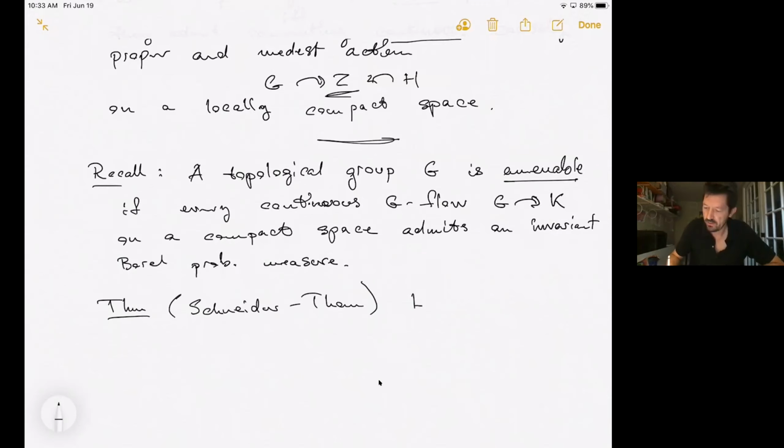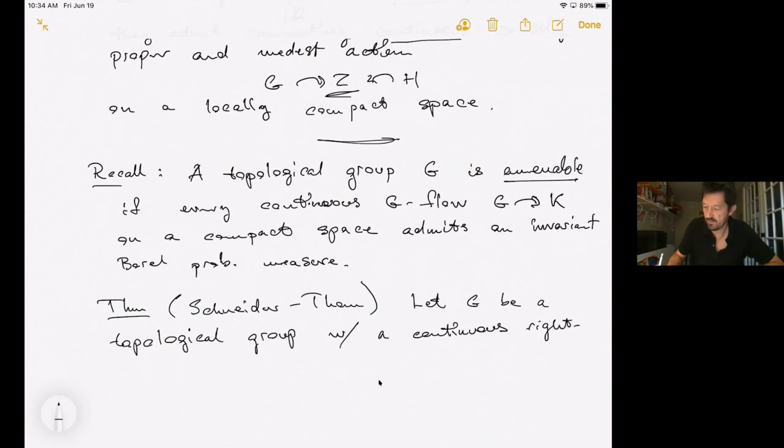So let G be a topological group, and I'll simplify things a bit, with, say, a continuous right invariant bounded metric d.